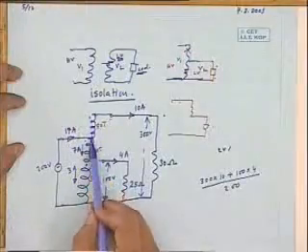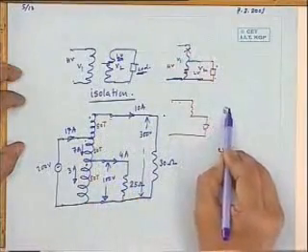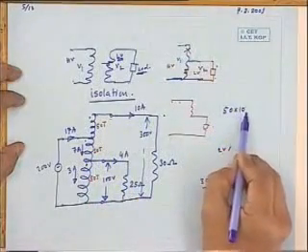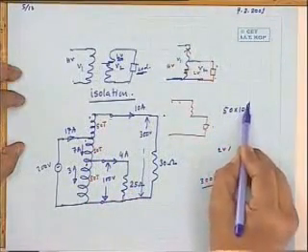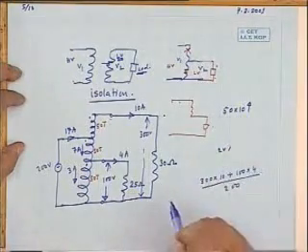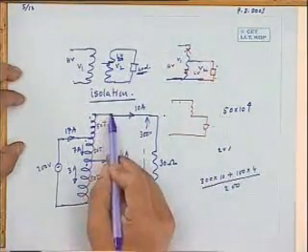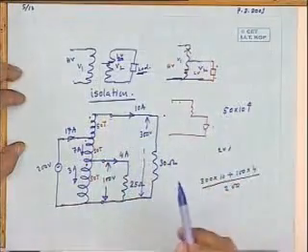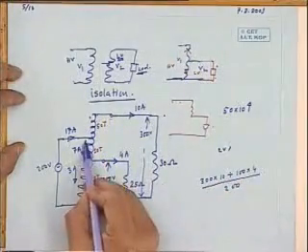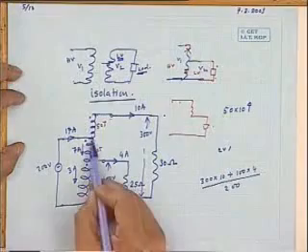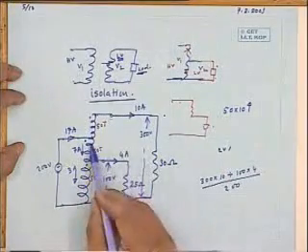See, the net MMF must sum up to 0. What will be the MMF produced by these 50 turns? 50 into 10, and let us put some direction. Suppose from the dot current comes out, meaning the MMF is in the upward direction.